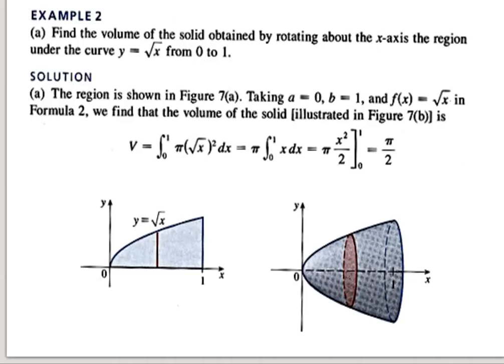So it's pi times the integral of y squared from 0 to 1, and you integrate with respect to x, right? Bring your pi outside, that's what's happening here. When you square the square root of x, you get x, which is easy. You integrate x, you get x squared over 2. Substitute 0 and 1, right? Substitute 1 in the expression, and you substitute 0 and subtract, and you get pi over 2.